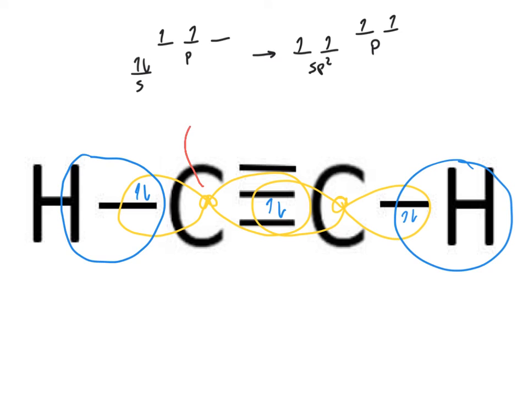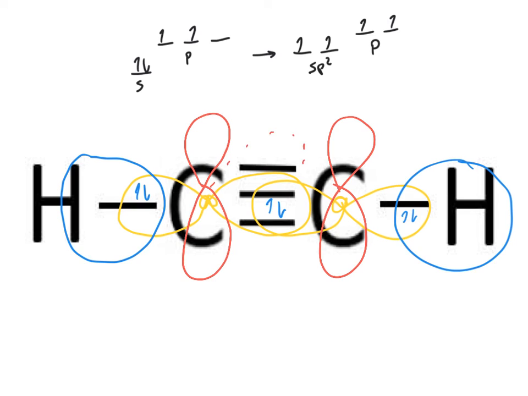Maybe we have one p orbital oriented like this around each carbon. And let's say we have another one that is oriented like this around each carbon. So there's two p orbitals that are still available, and those two p orbitals can now participate in pi bonding.